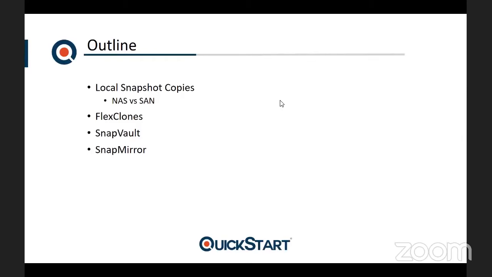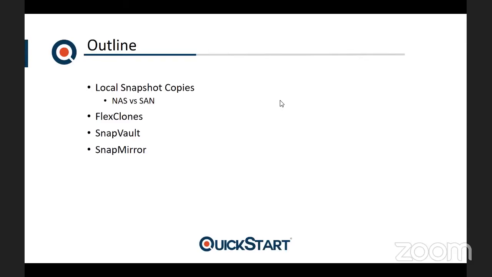But this basic process of creating the snapshots is key for a lot of other features that we get out of NetApp. So cloning capabilities, my ability to archive content, my ability to replicate my content, so SnapVaulting and SnapMirror, all of those are dependent upon these snapshot copies.